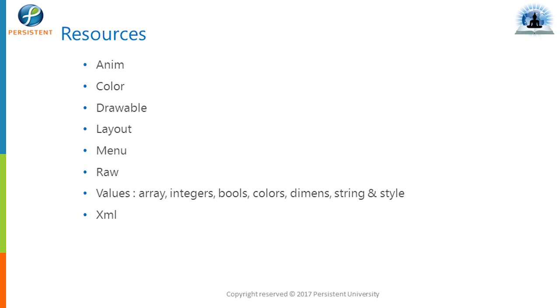Raw folder contains arbitrary files to save raw files. Values folder contains XML files that contain simple values such as strings, integers and colors. XML folder contains arbitrary XML files that can be read at runtime by calling resources.getXML.